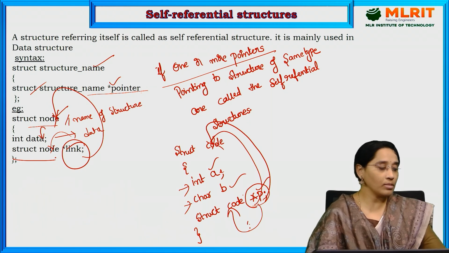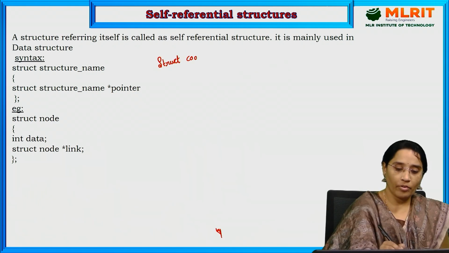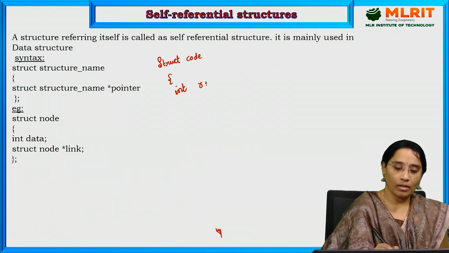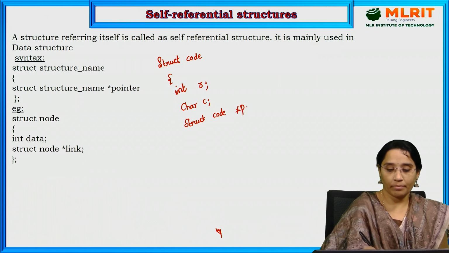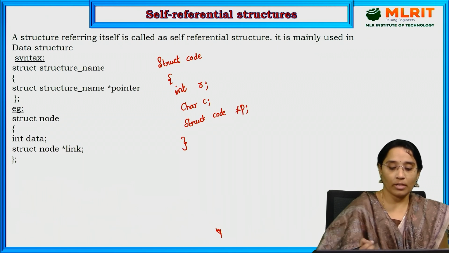Let's see with an example. Again, we will declare the structure. Struct code, int r, char c, struct code pointer. So this is your structure declaration.